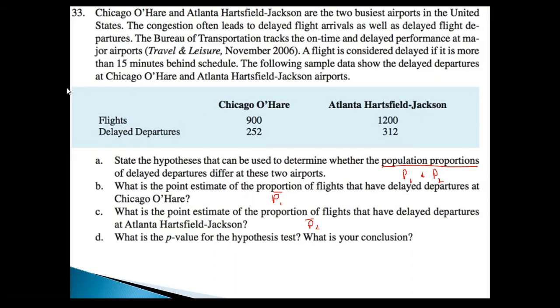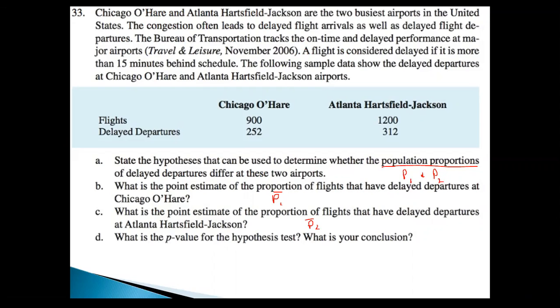The following sample data show the delayed departures at Chicago O'Hare and Atlanta Hartsfield-Jackson airports. So for flights, there's 900 flights at Chicago, 1,200 for Atlanta, and for delayed departures, 252 for Chicago and 312 for Atlanta. So part A, state the hypotheses that can be used to determine whether the population proportions, basically p1 and p2, of delayed departures differ at these two airports.